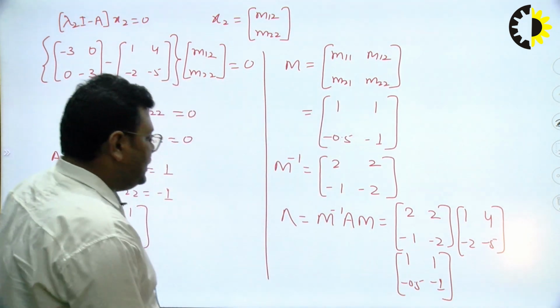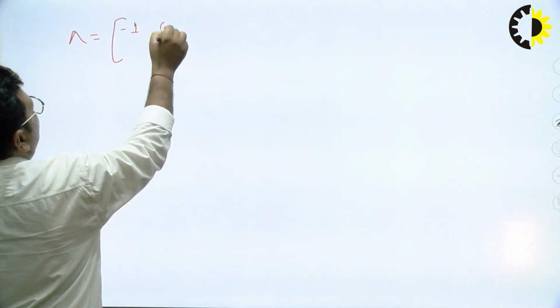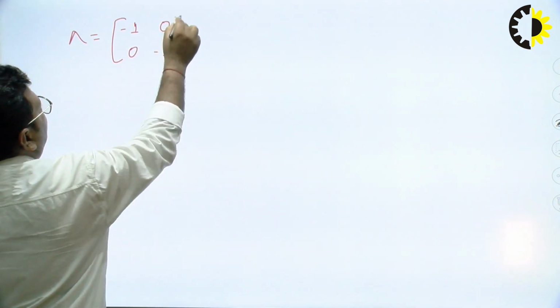After multiplying this, capital lambda will be [minus 1 0; 0 minus 3].